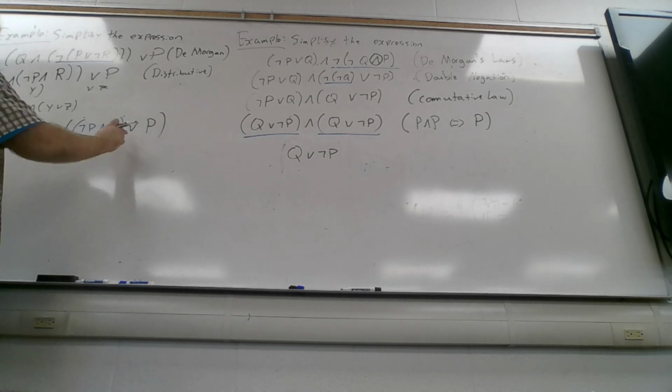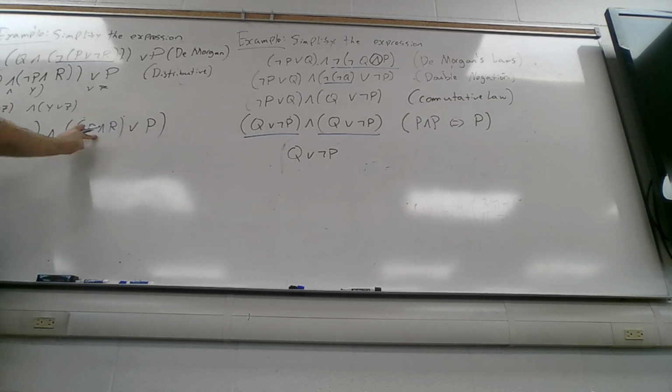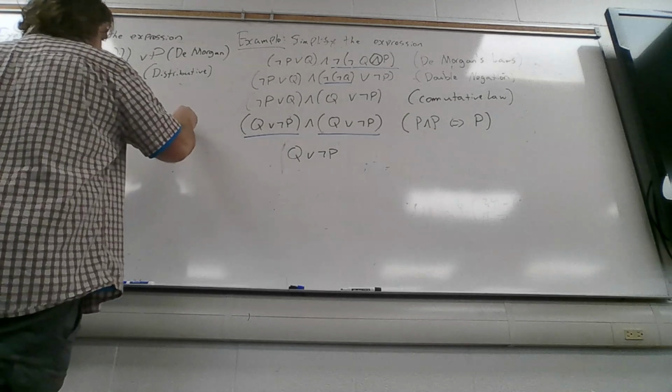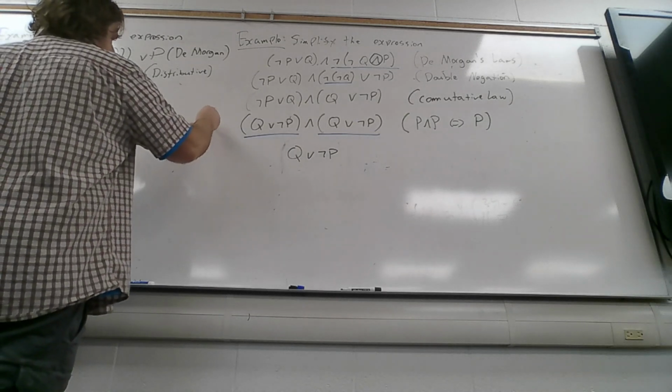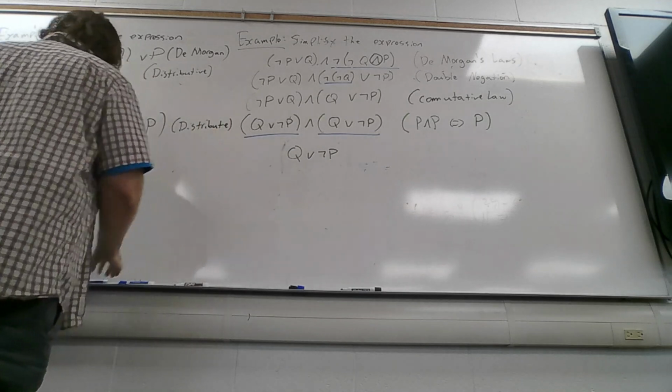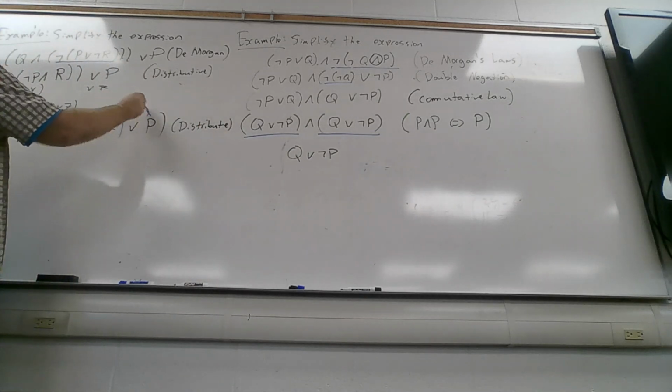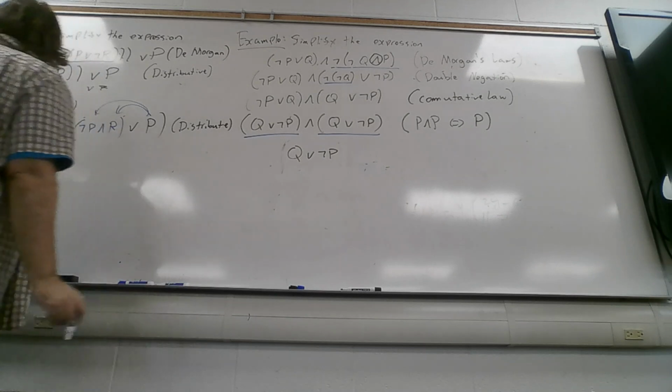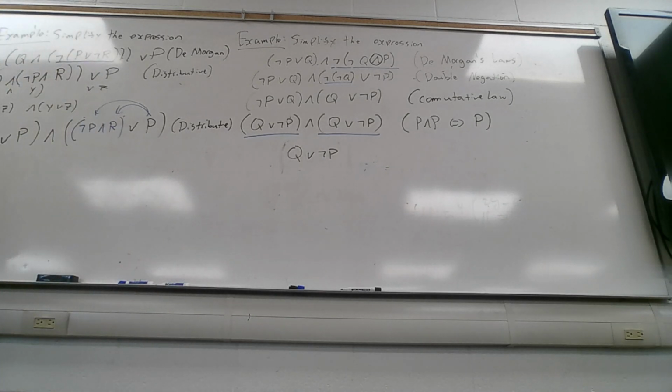But now we see here, we've got the same thing. An or with an and. So we can distribute again. So this time, I'm going to distribute into the blue. So this guy here stays by itself.